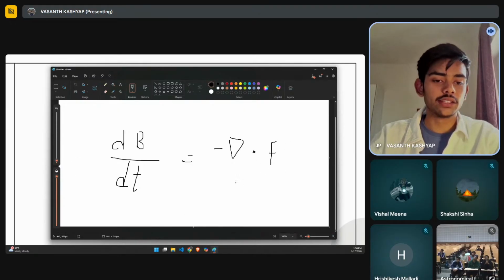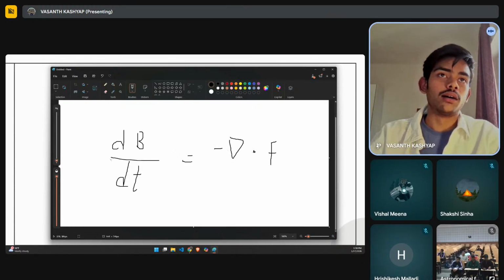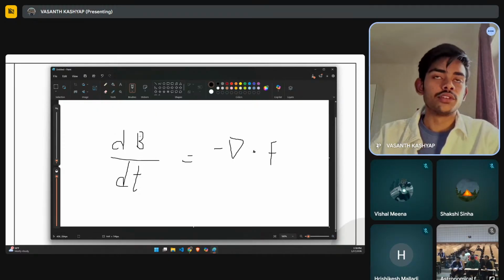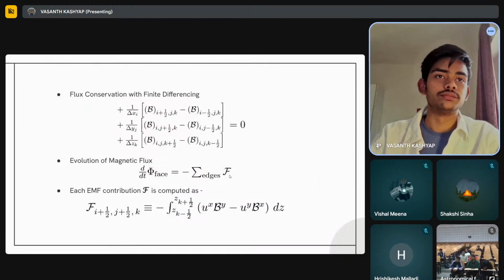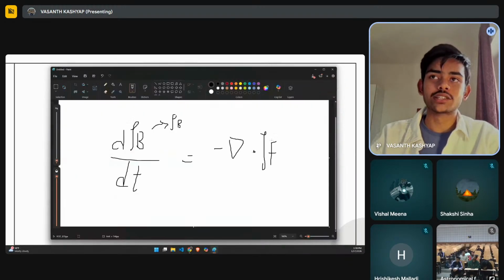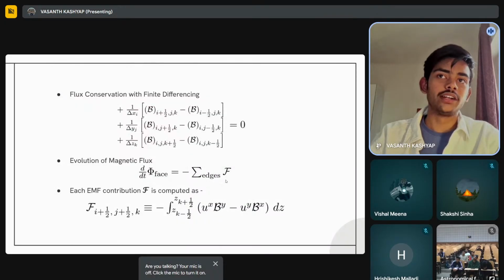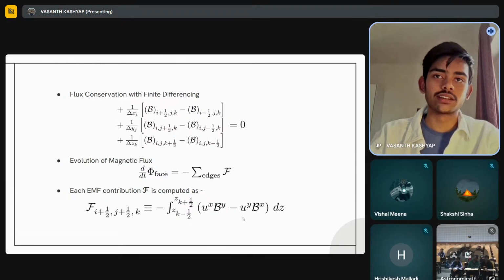This is what we had in the equation, or it was written as this plus this equals 0, same thing. Now, what you have done is, instead of B, you're looking at the integral of B. You do an integration here, and this is what you end up with. Here this was the flux.